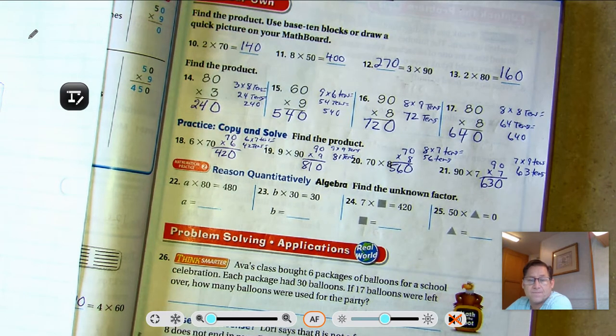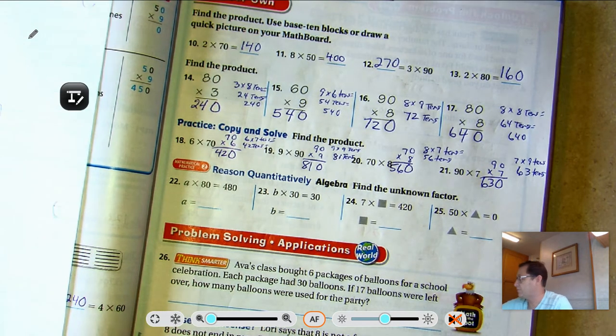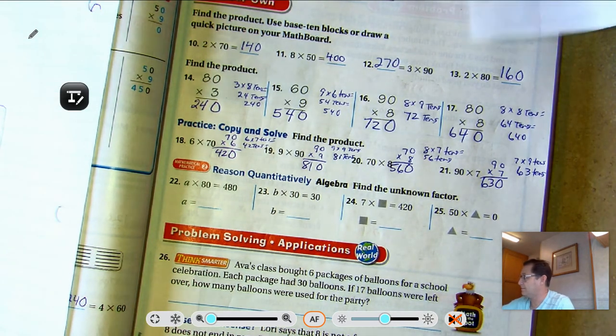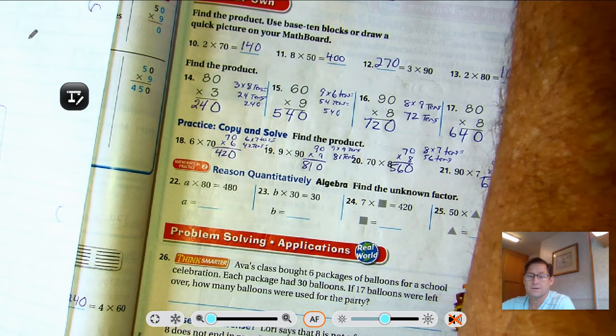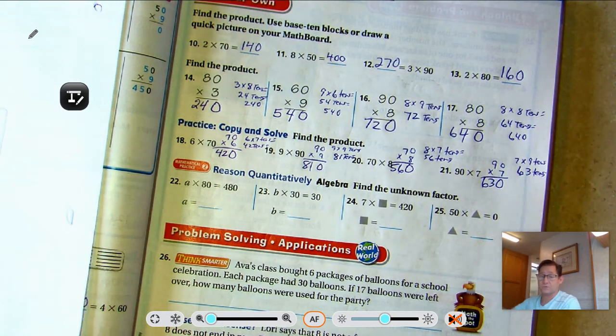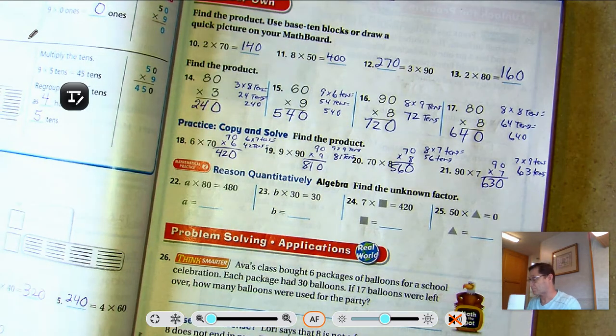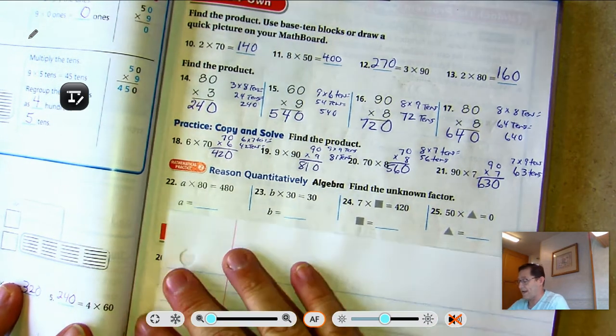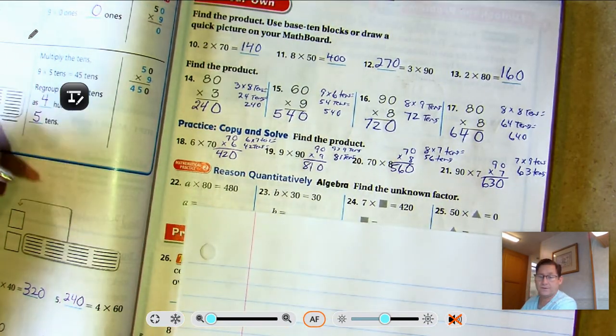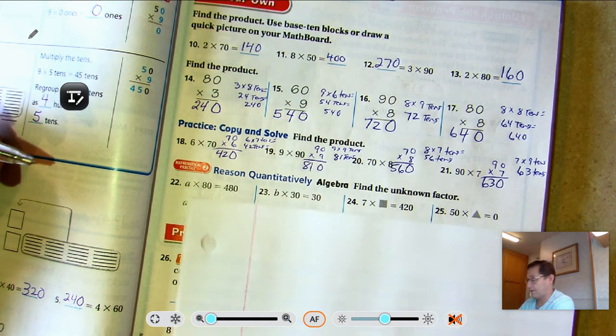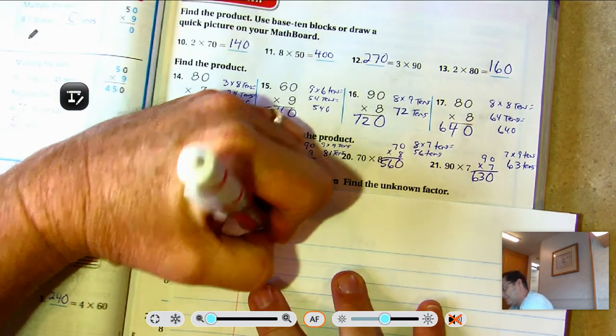All right. Find the unknown factor. Some number times 80 equals 480. All right, so I want to go ahead and show you how I would do this, solving it with a picture. So we know that we have to have some number of 8 tens.